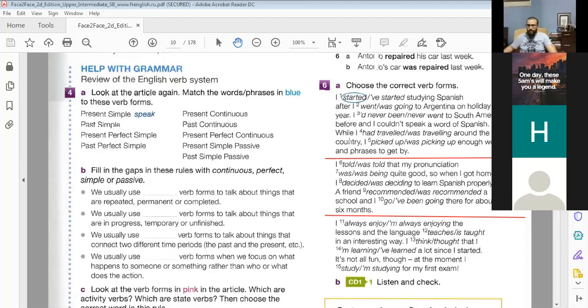I started studying Spanish after I went to Argentina on holiday last year. I had never been to South America before, and I couldn't speak a word of Spanish while I had traveled.